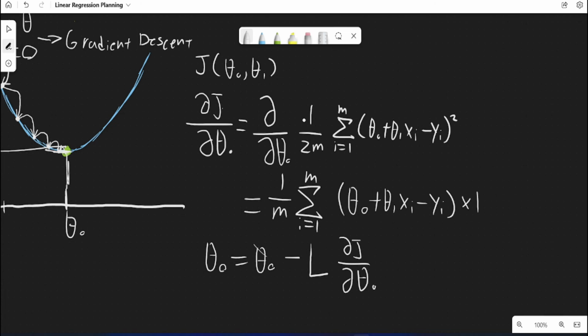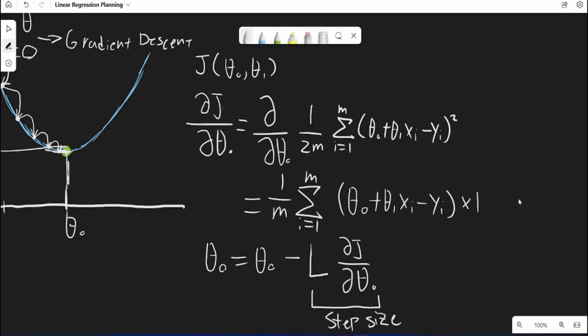Oh sorry, I didn't mean to cross that. By doing this, we go down further and further, right? Alright, cool. The step gets smaller as the slope gets less steep, and this whole thing is called the step size.